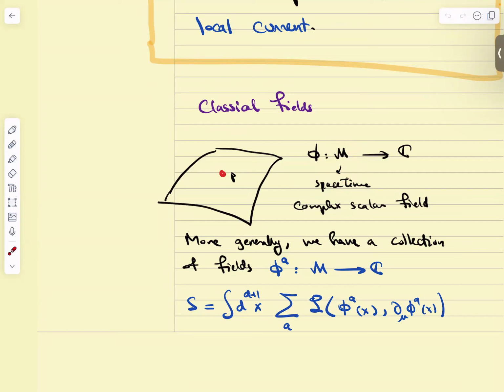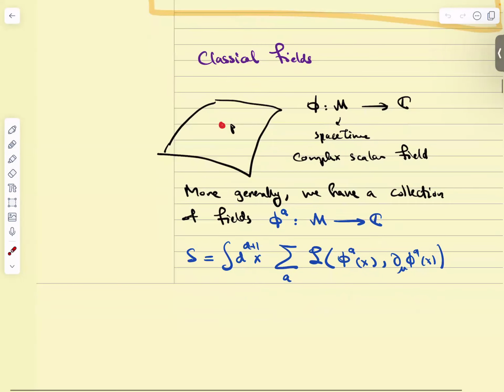So this is, for example, a complex scalar field, right? Every point on the manifold, it associates a number. More generally, we can have a collection of fields that we label by A, phi A. These are all maps from M, the space-time, to complex numbers.